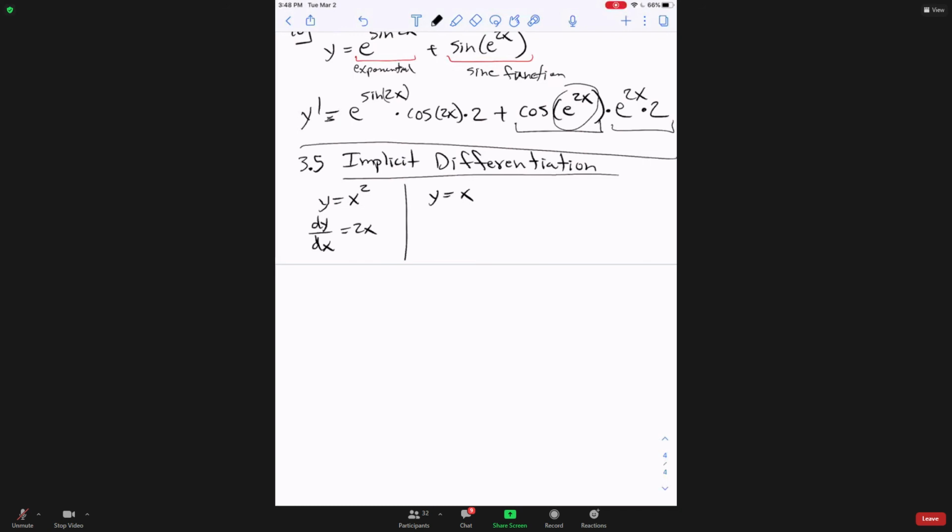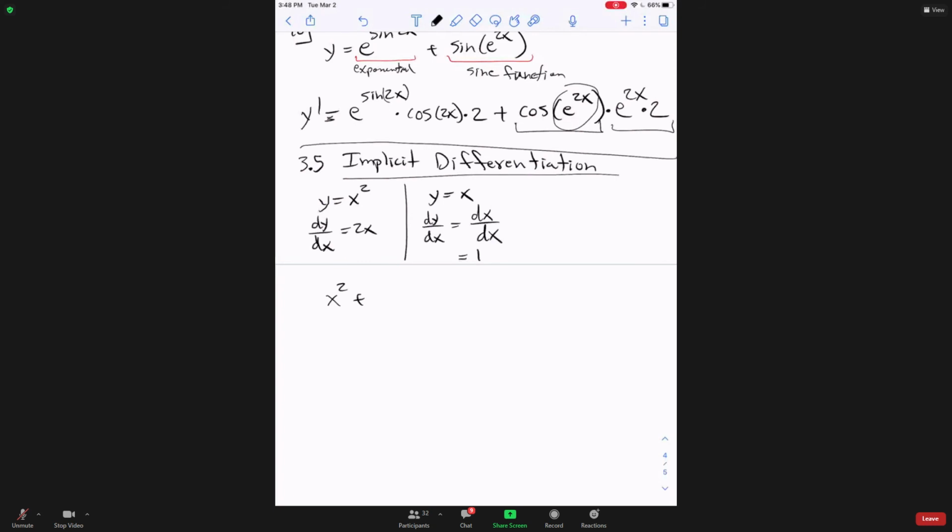So the derivative of y with respect to x is dy over dx. The derivative of x with respect to x is just 1. So let me write the 1 here. You're probably wondering why x gets a different treatment than y. When we take the derivative in an equation, the derivative of x will be 1, but the derivative of y will be dy over dx. Let me explain that.